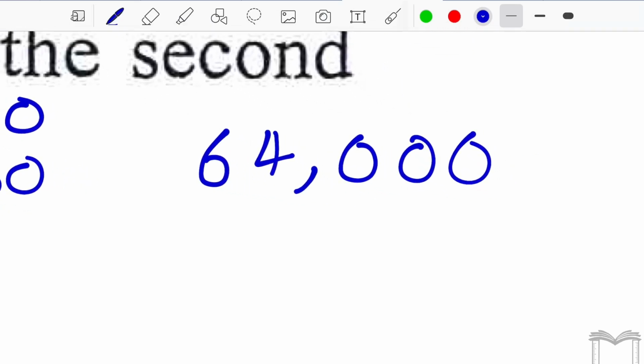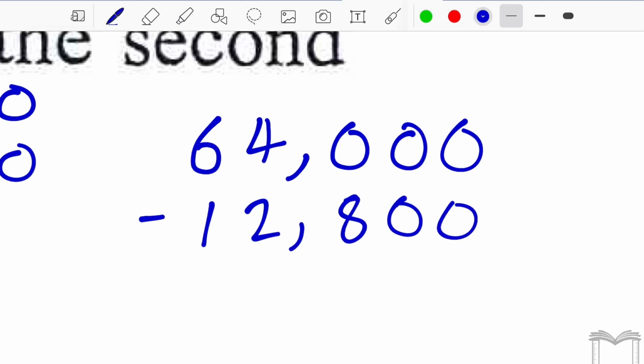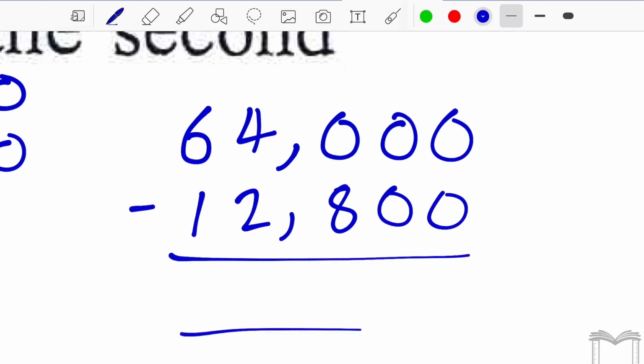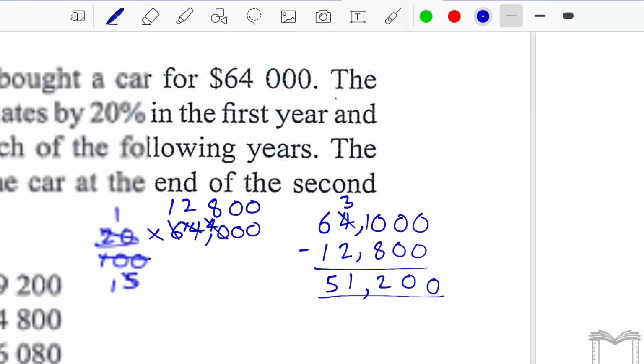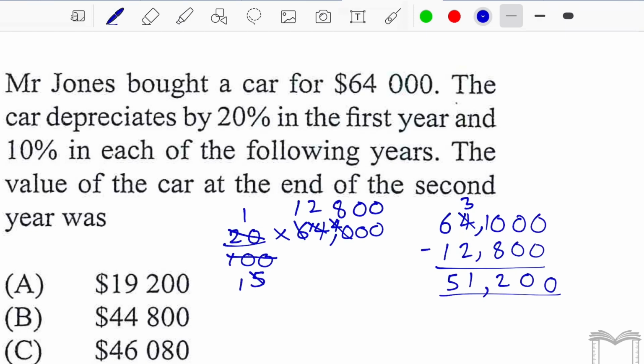So we must subtract that amount. 10 take away 8 is 2. 3 take away 2 is 1. 6 take away 1 is 5. So the car is now valued $51,200 at the end of the first year.